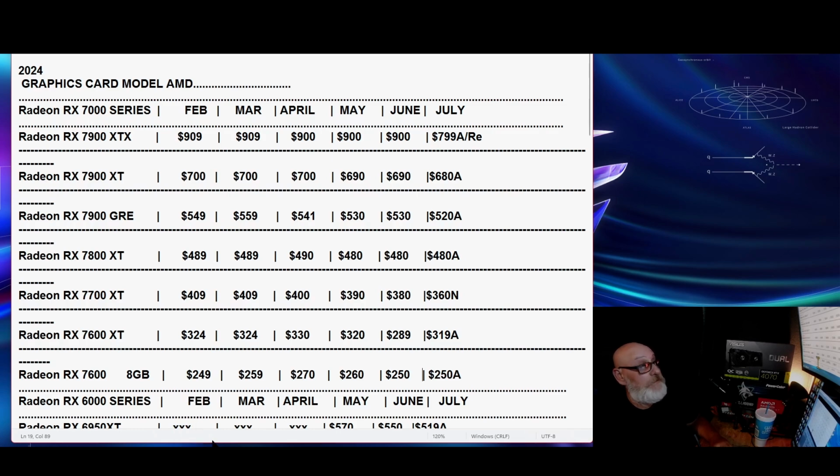In February, it was $249. March was $259, went up $10. April was $270. Looks like it went up about $11. May was $260. Looked like it came down a few bucks. June was $250. Looks like it came down. And looks like it stayed stable between June and July and you can get it on Amazon for $250.